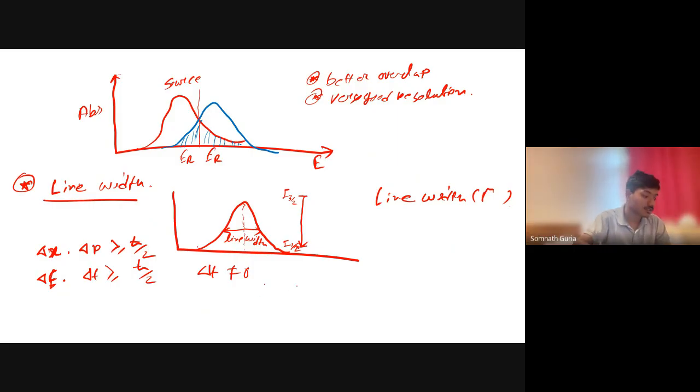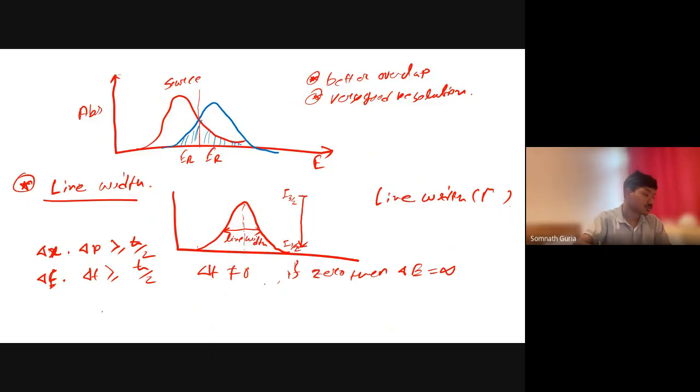If it were 0, delta E would be infinity, which is not possible. Now we have some value of delta t, so we will get the line broadening.